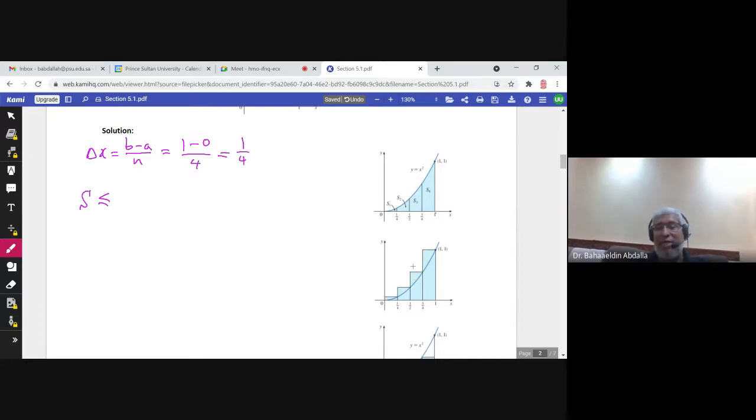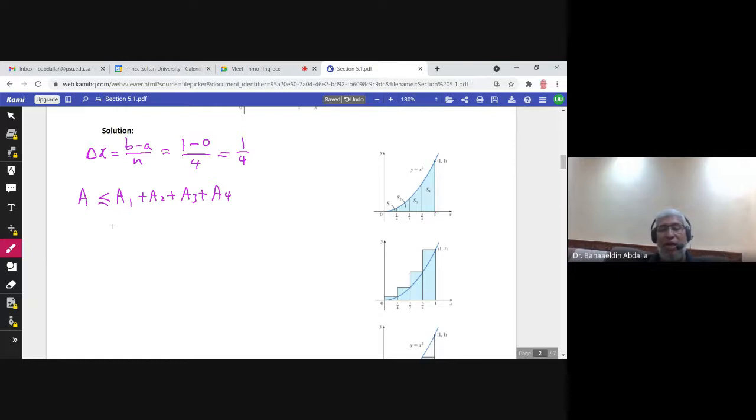So S is less than the area of S1 plus the area of S2 plus the area of S3 plus the area of S4. So let me call it A, and the area of S1, let me call it A1 plus A2 plus A3 plus A4. Well, the area of S1 is a rectangle, okay?